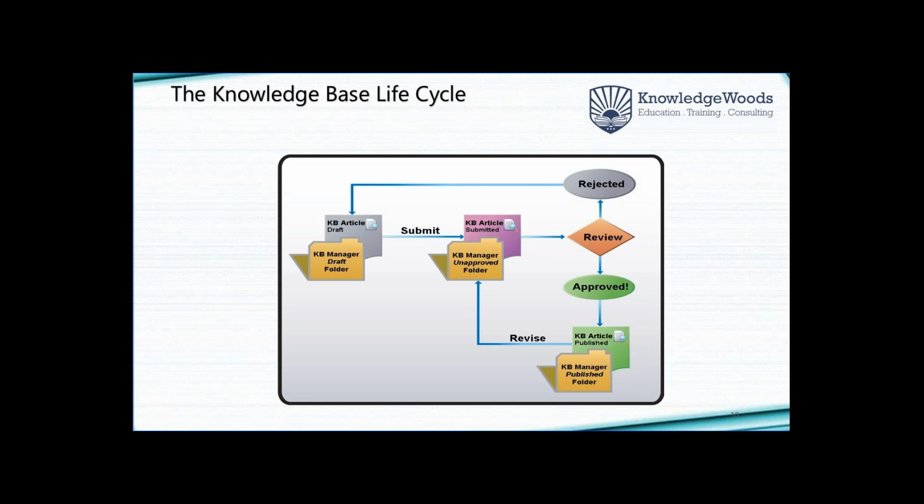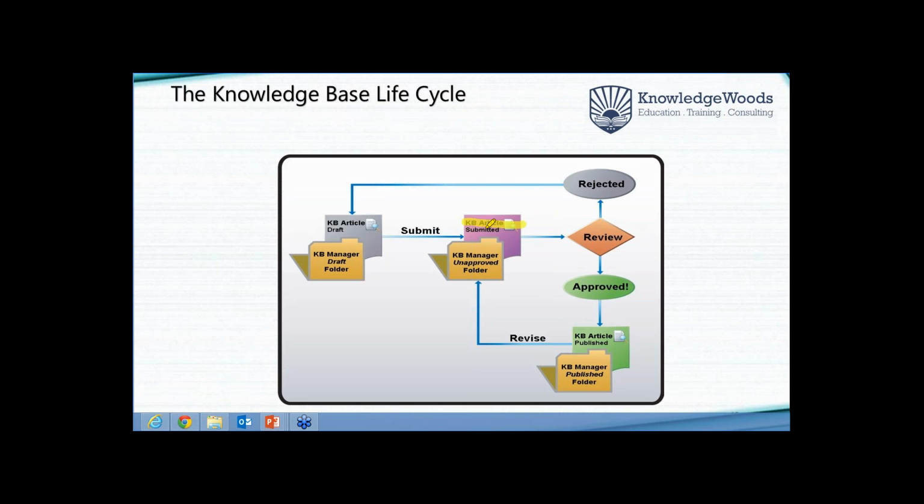Next we have the knowledge base life cycle. Once you have created an article, by default it's in the draft stage. The person who has created an article based upon a KB article template has to submit it for approval, and someone with the appropriate right will have to approve it.